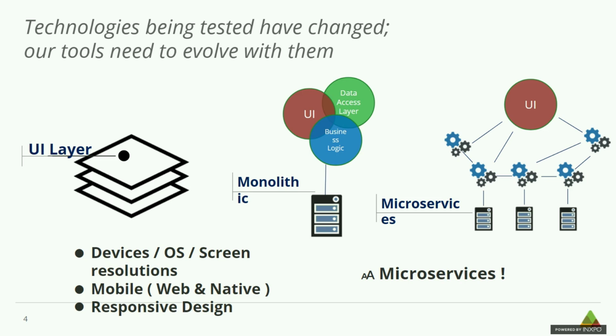And kind of as a 1.5 to that, just below, is the proliferation of mobile for both web and native applications. And with that, responsive design. So previously, the validation testing that we were doing was relied upon as a catch-all, but that isn't there to catch all anymore, especially in the functional testing that we're doing.